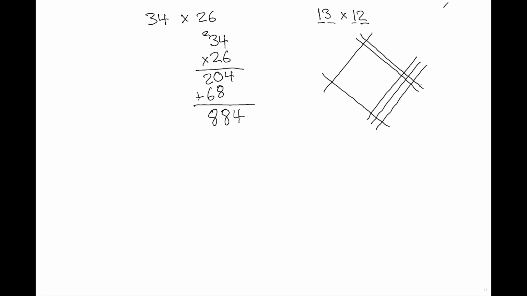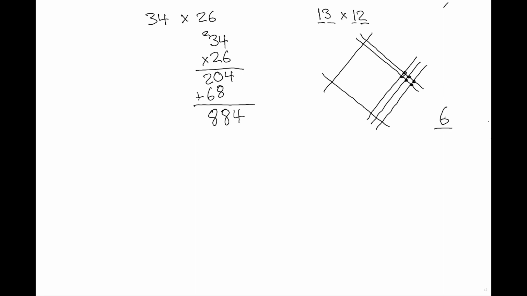The next step is to count out the intersections in order to get the answer. So essentially saying we will be counting first here. So we have 1, 2, 3, 4, 5, 6 intersections. So in our 1 value, we'll have a 6.